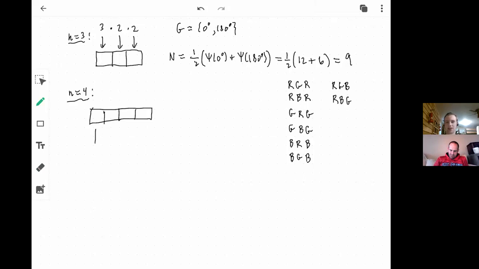Red, blue, green. Yeah. What did you say? Could we do the reverse of those? Yeah, but the thing is, those aren't really new. You know what I'm saying? Because again, Burnside's theorem is going to automatically account for those kind of not really being different under 180-degree rotation. Okay. Red, blue, green. Is there anything else? I'm still missing one.